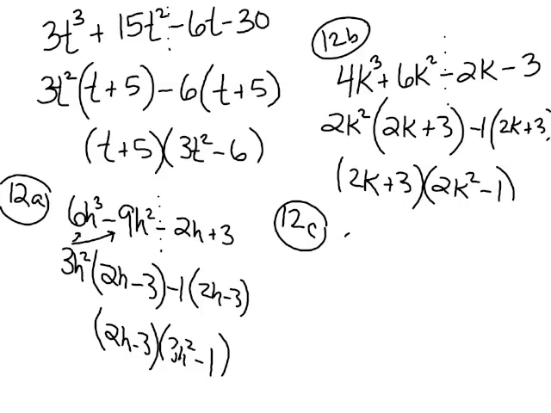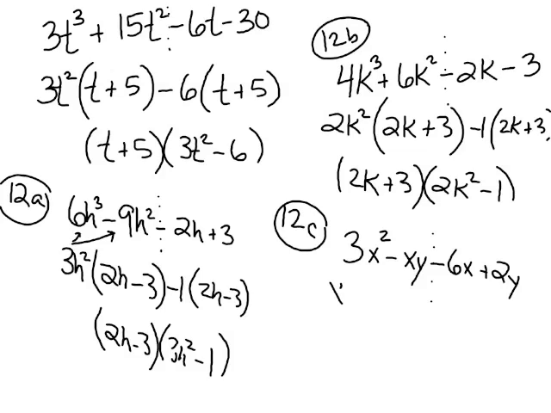12c is 3x squared minus xy minus 6x plus 2y. What can I pull out of these two first terms?